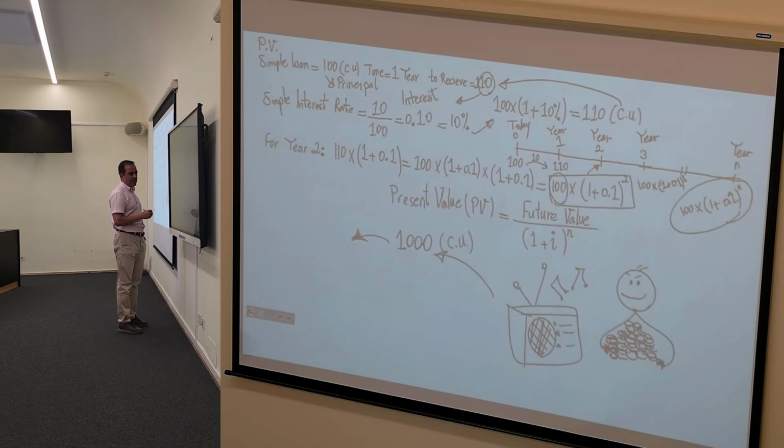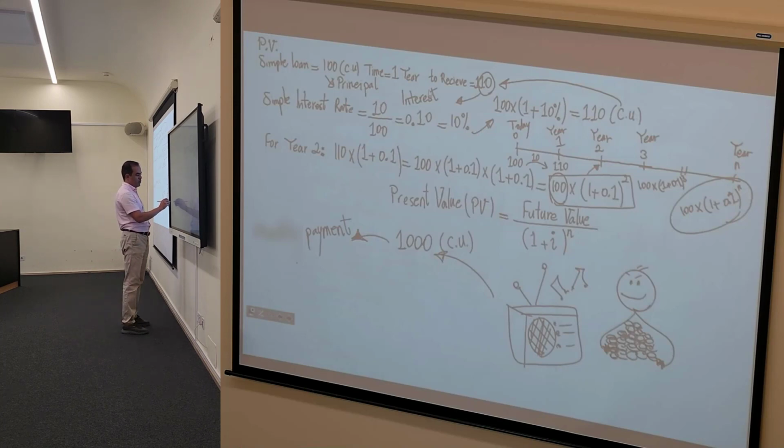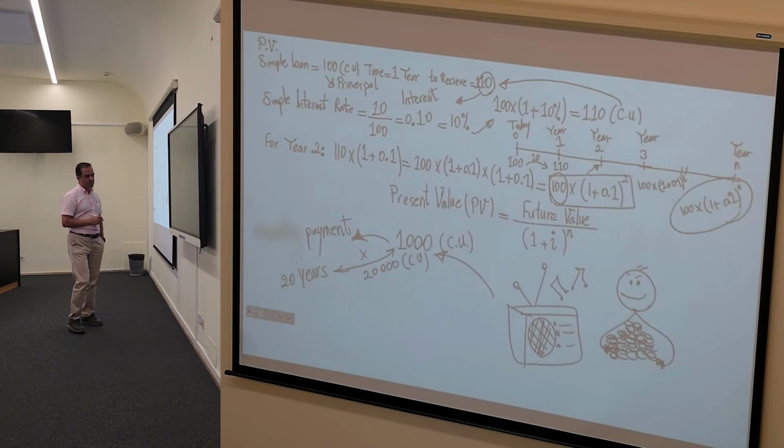Let's say a payment of 1,000 for how long? For 20 years. Okay, so totally we can say 20,000 currency units.